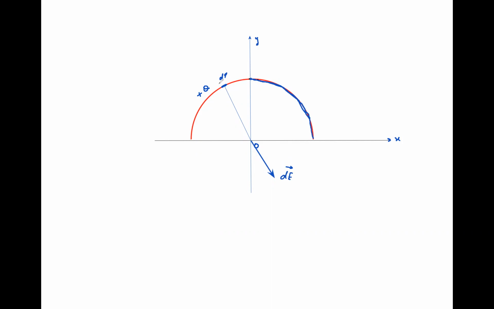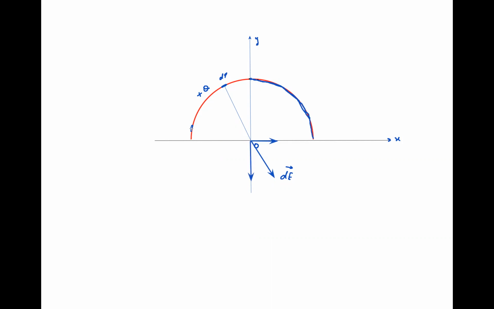Before that, is this part symmetric with respect to the point O? No, because if you take another charge here, you have one here and one here, and you do delta E, you will not get two opposite components. This one is not symmetric. For example, here we have dE, and dE has two components, dEx and dEy.